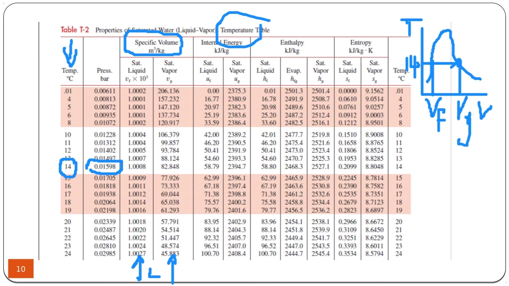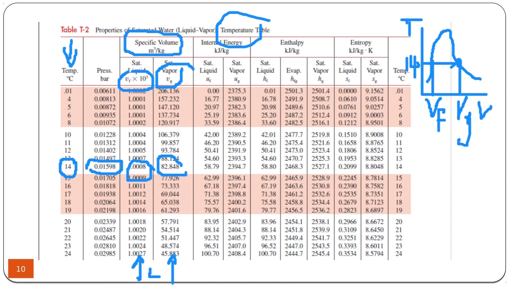So the first one is Vf, the second one is Vg. But be careful that Vf is a very small value, so it's multiplied by 1000. So what you see here is 1000 times the specific volume of water. And the second one belongs to the specific volume of the gas.